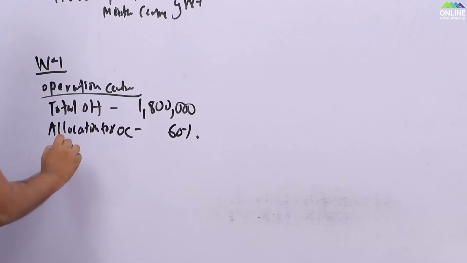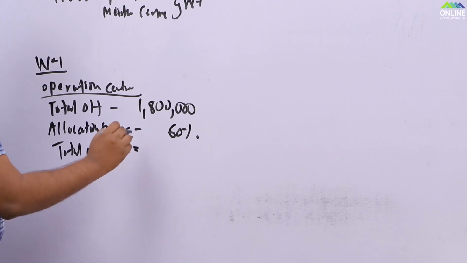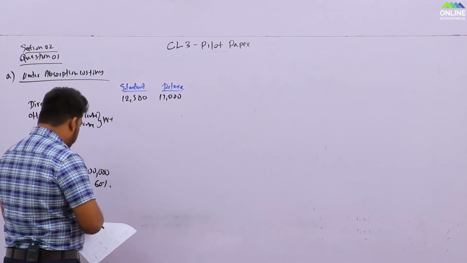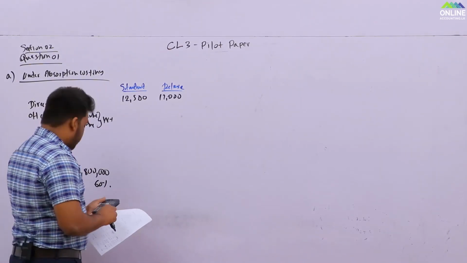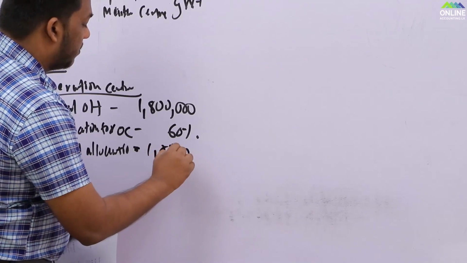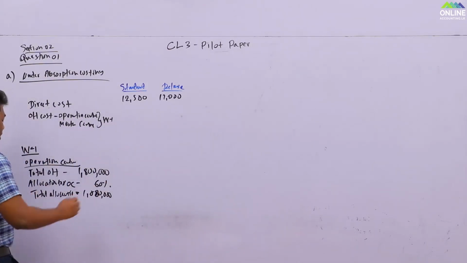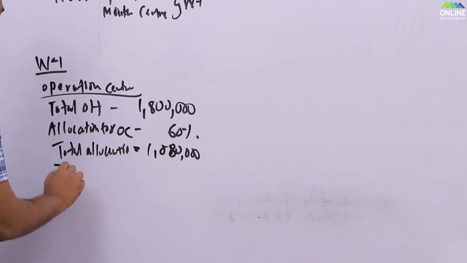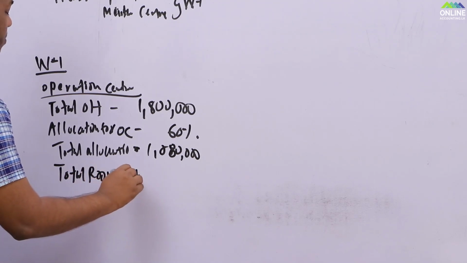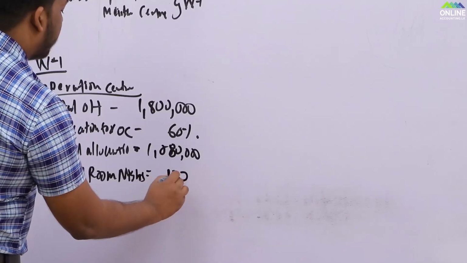So the total allocation is how much? 1.8 million into 60%, that is 1,080,000. Then how many room nights are there? In total, 80 for one and 50 for the other, so you have 130.